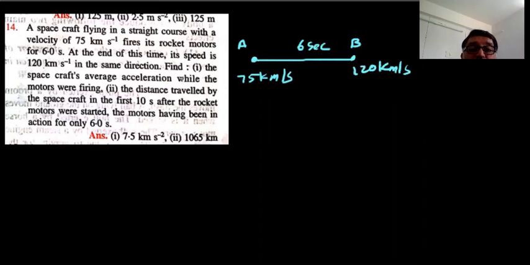Now let's see what we have to find. First thing is to find the average acceleration.